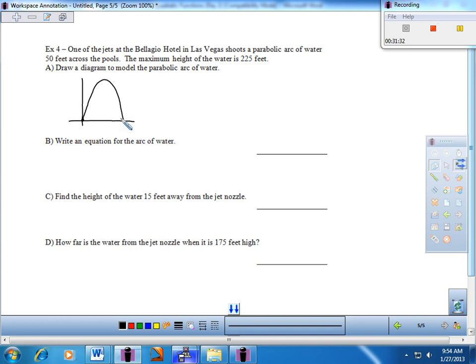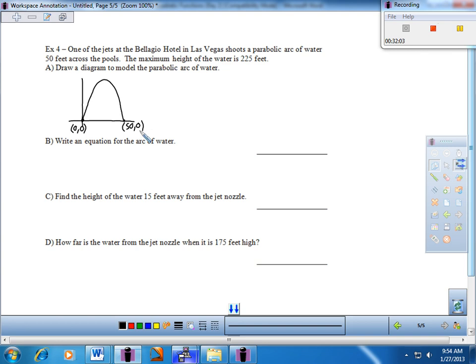So what would you say? Well, let's go with the obvious one. This one's 0, 0. That's the jet. Which, by the way, does mean that it's 50 feet across. This one right here, same level, looks to be 50, 0. So that's 2 points on the parabola taken care of, and here's the key.